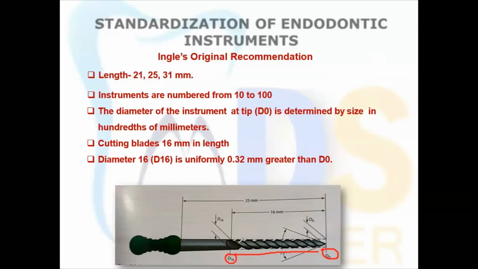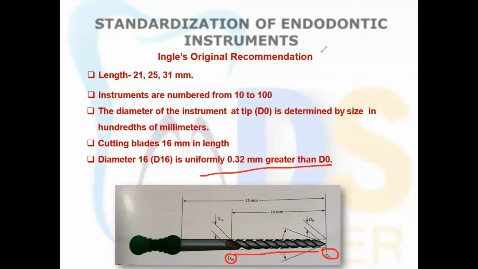So the total cutting surface of the instrument will be 16 mm in length, with the initial point as D0 and the end point as D16. About the diameter D0 we have already discussed, and the next important specification is the diameter at D16. This diameter at D16 should be uniformly 0.32 mm greater than that of D0.